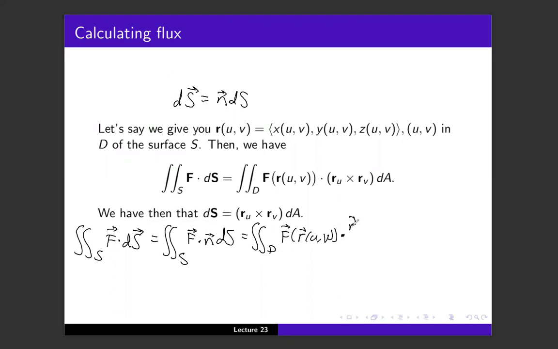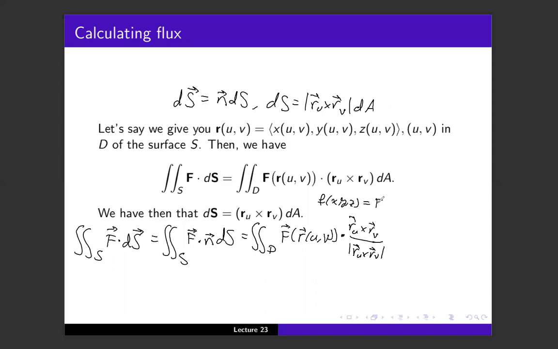N is r_u cross r_v over the magnitude of r_u cross r_v, times dS, right? But dS, we remember, is the magnitude of r_u cross r_v dA.